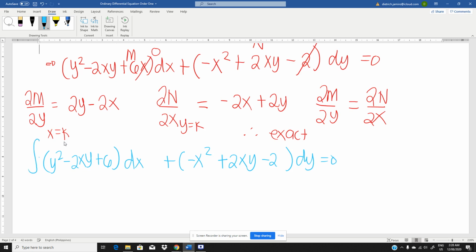Integrating both sides, on the first term we will consider y as a constant, and on the second term we will only integrate pure y. So pure y only.